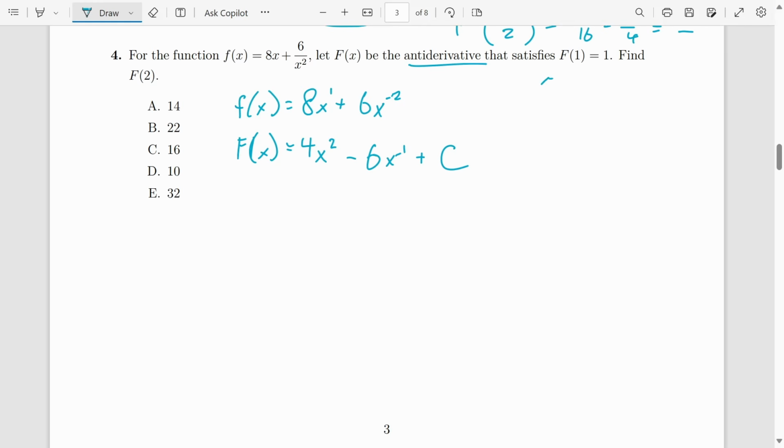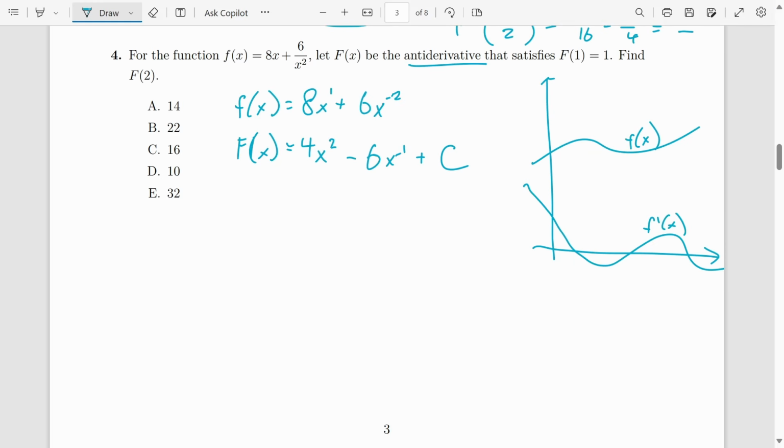So if we have some curve that looks like this, that is our f of x. And we have our f prime of x. I don't know what it's going to look like. Maybe it looks like that. That's our f prime of x. Now, if you were to completely forget about what f of x originally looked like, we just have our f prime of x. This just tells you what the slope of f of x used to look like.